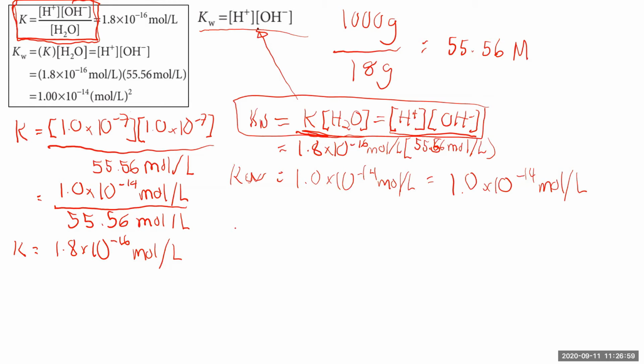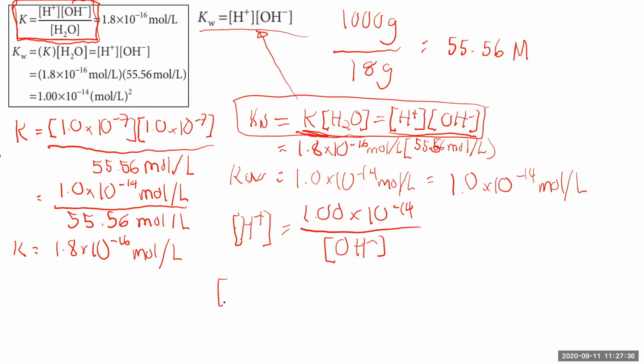For example, if you want to know the concentration of the hydrogen ions, we can use 1.0 times 10 raised to the power of negative 14 divided by the concentration of the hydroxide ions. While if you want to know the concentration of hydroxide ions, we repeat the same 1.0 times 10 raised to the power of negative 14 over the hydrogen ion concentration.